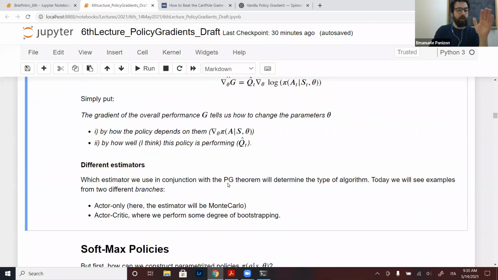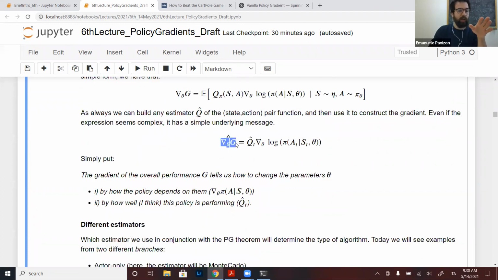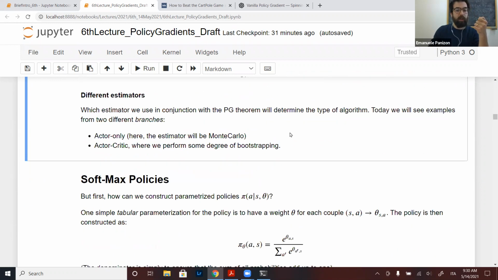Otherwise, now we have, I don't go deep in the theory, as you can see, but we have this policy gradient theorem, which says that we have a way to update our parameters, which is given by this formulation here. And now we want to find a way to estimate this term here and to change the parameterized policy.